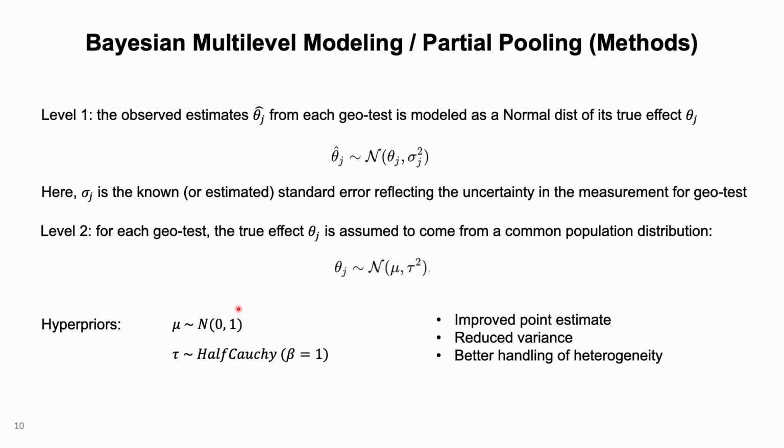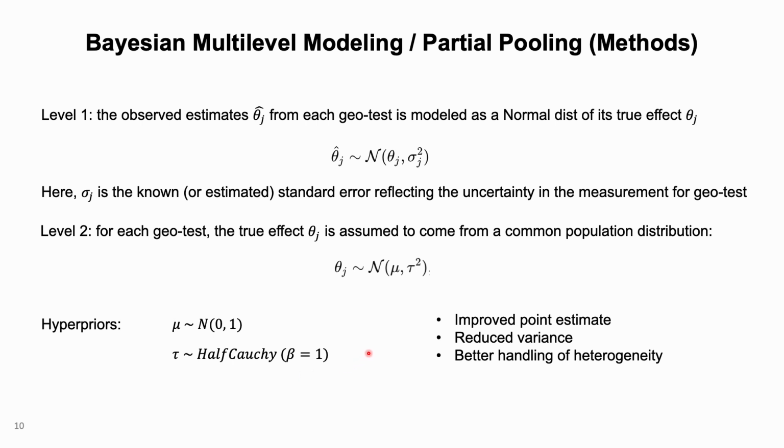And for these hyperpriors, we assume the mean mu comes from a normal distribution, and the standard deviation tau is modeled as a half Cauchy distribution with beta equal to 1.